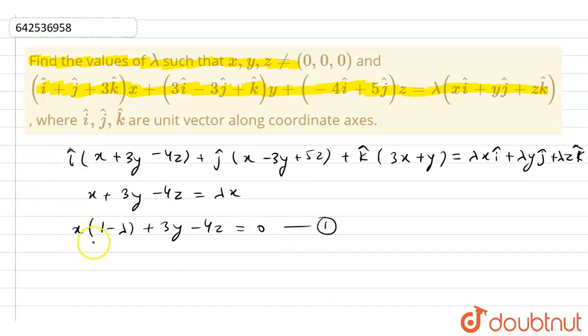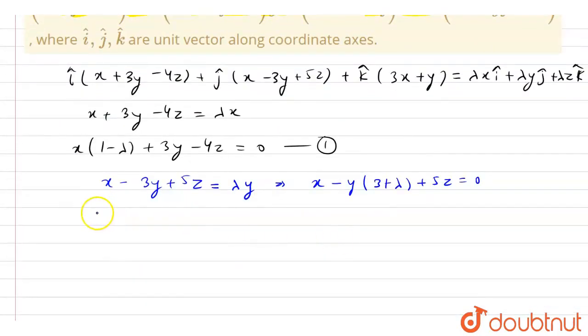Similarly, we have x minus 3y plus 5z equals lambda y. So we have x, and minus y times (3 plus lambda), plus 5z equals 0. This is my equation 2.